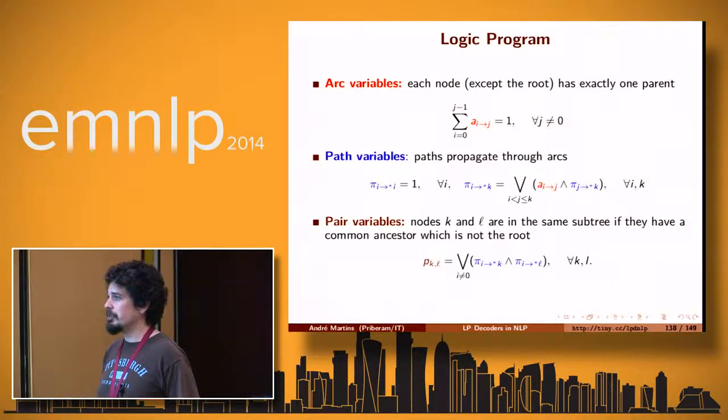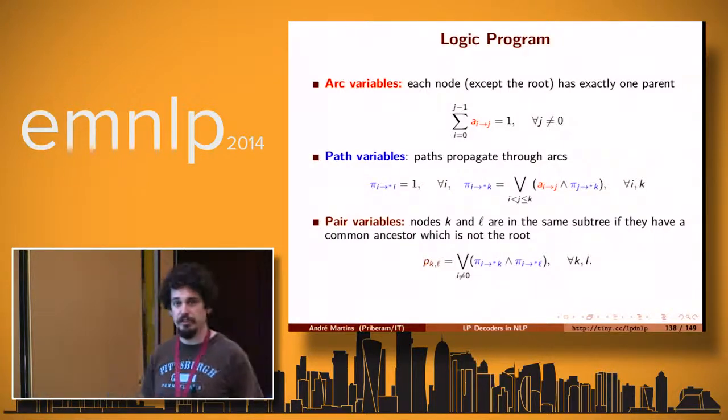And we can build a larger path by composing a smaller path with an arc that goes from i to j. In other words, there is a path going from i to k if there is a path going from j to k and an arc going from i to j, for some such j. So we can represent that as an OR constraint, with the AND constraint here. So we can use our logic factors to model these.